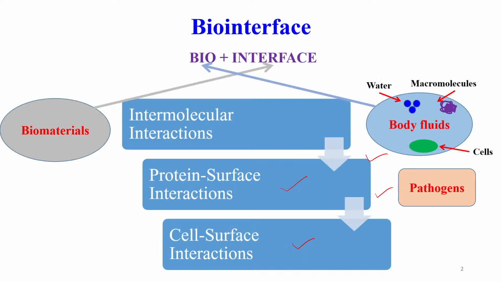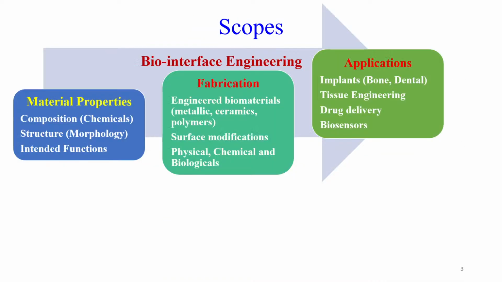So in this course, if I want to go for biointerface engineering, the first aspect is that we should know the material properties: its chemical properties, physical properties, morphology, and the intended function. Let's say whether it is a bone implant, dental implant, tissue engineering application, diagnostic, biosensor, or drug delivery application.